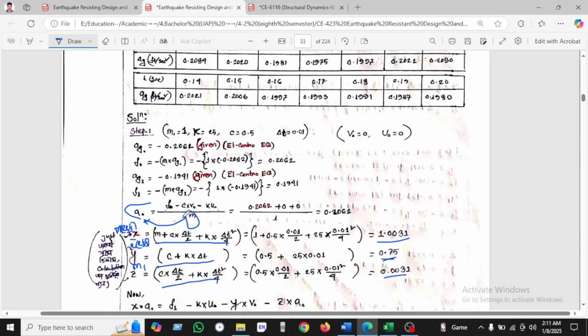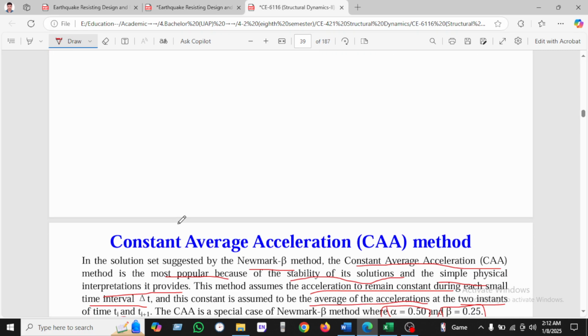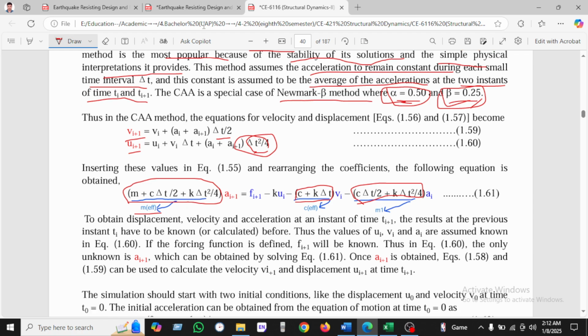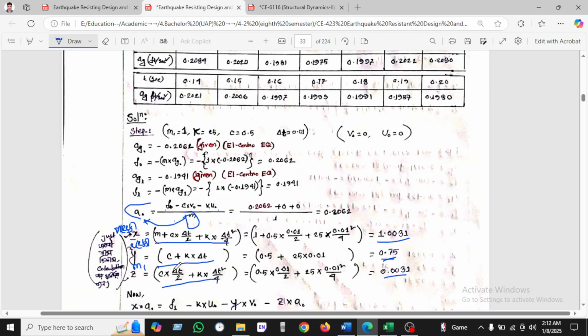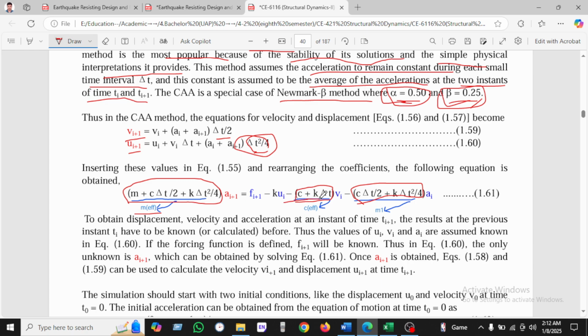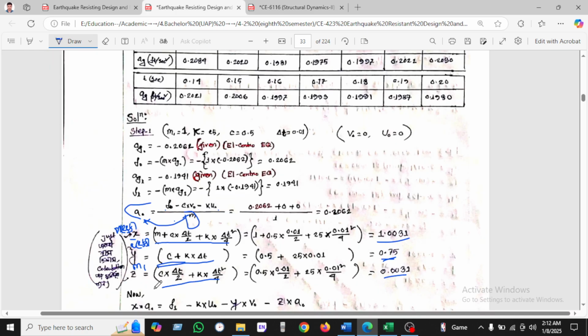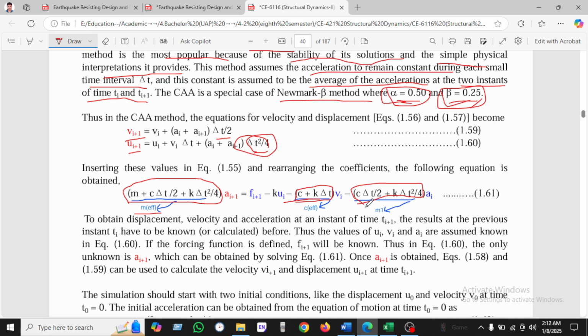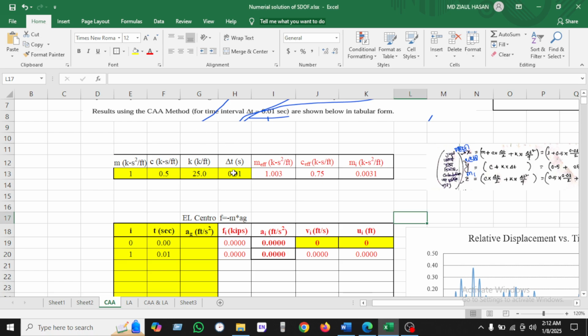Taking M from below, this is the M effective, this is the C effective, and this is M1. If we calculate here, you can see M effective, C effective, and M1.